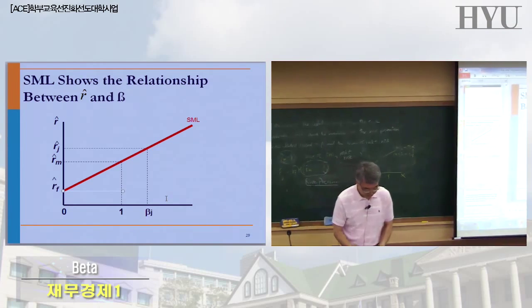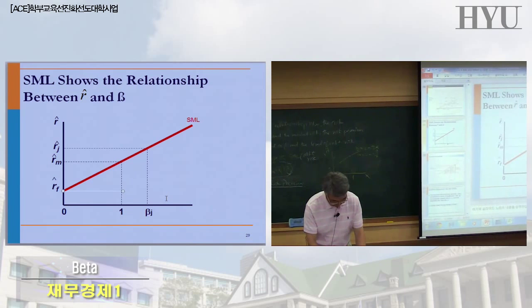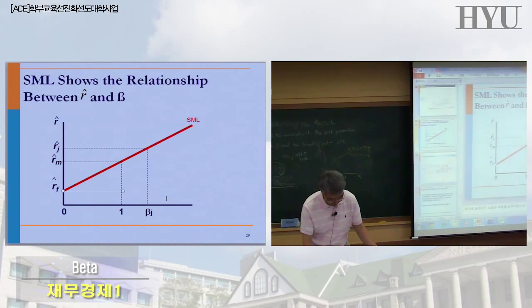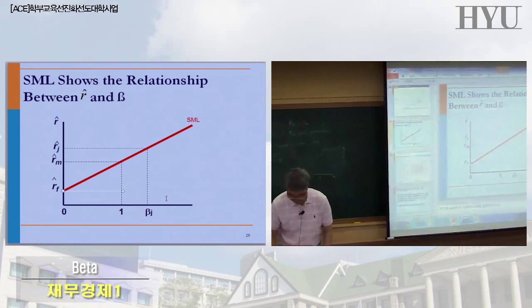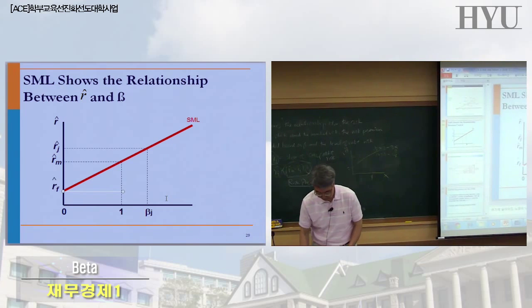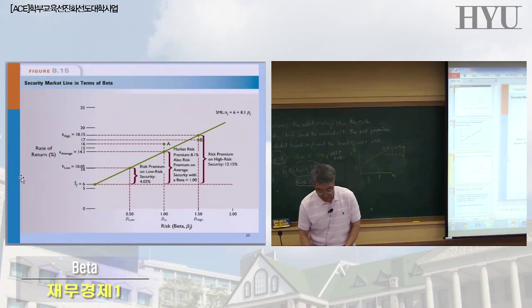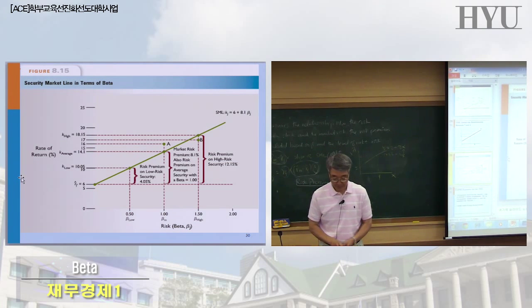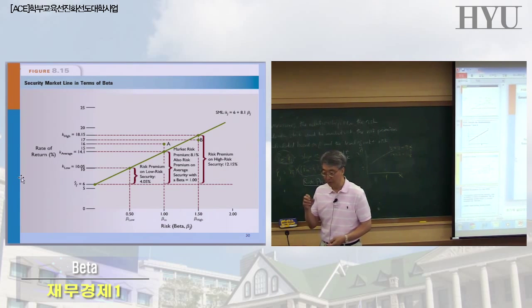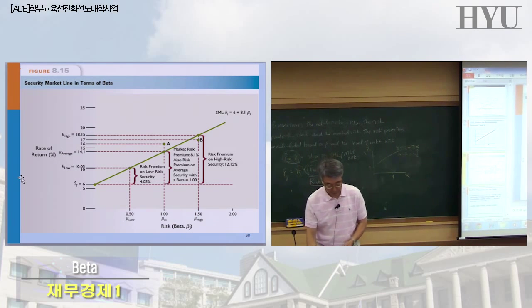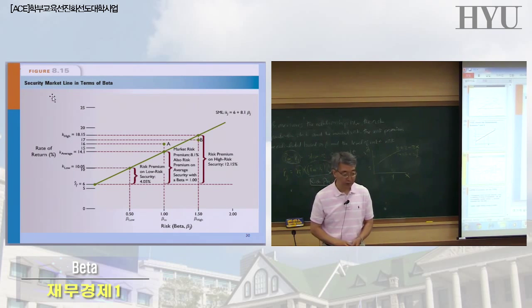Okay, so based on that, now we're getting to the next graph. Okay, here we go. I noticed that the one you have in your notes is completely different. It says figure 6.15. That was actually from the previous version.